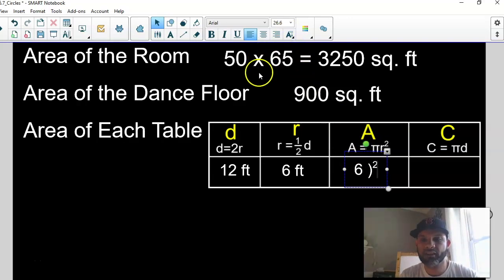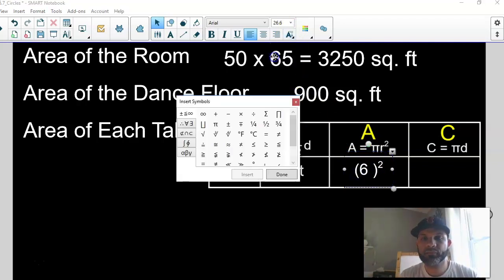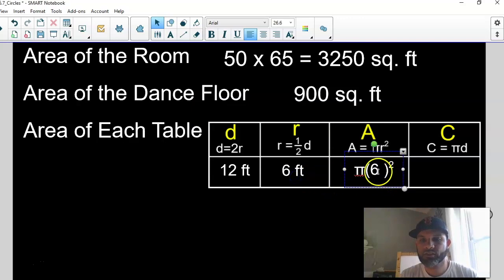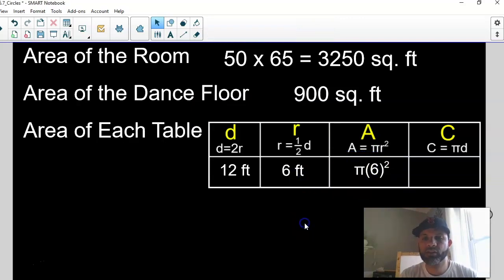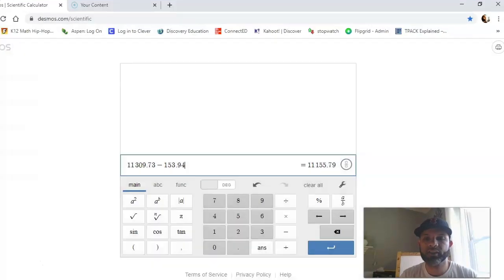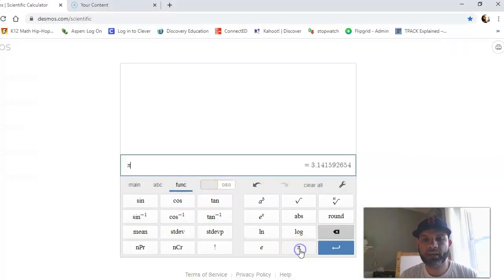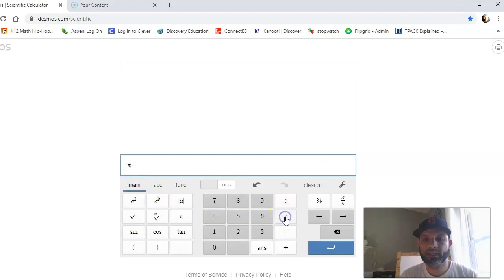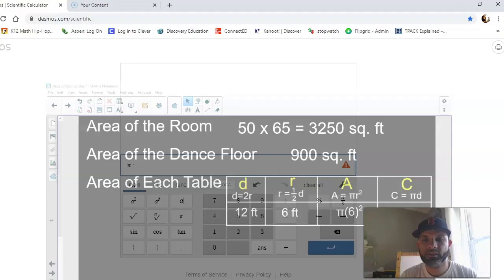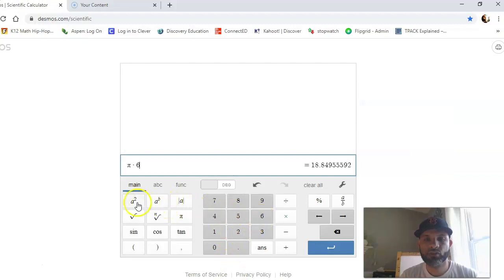And once again, we're going to use our Desmos calculator to find that area. Pi times 6 squared. So let's go use our Desmos calculator. I'm going to clear that out. Get my pi button. Pi times 6 squared.